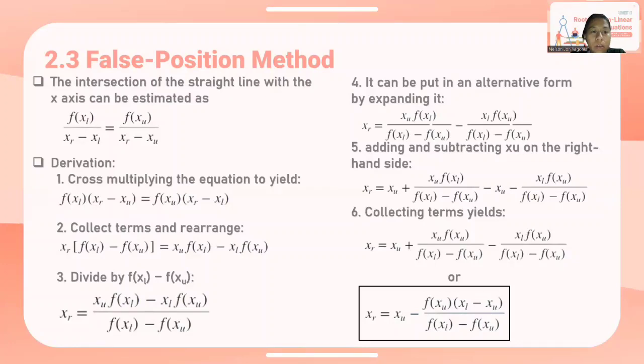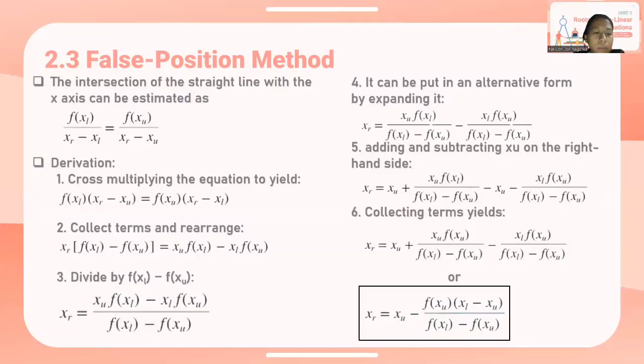So now we derive the formula for the false position method. First, we cross multiply the equation to yield f(xl) times (xr minus xu) equals f(xu) times (xr minus xl).